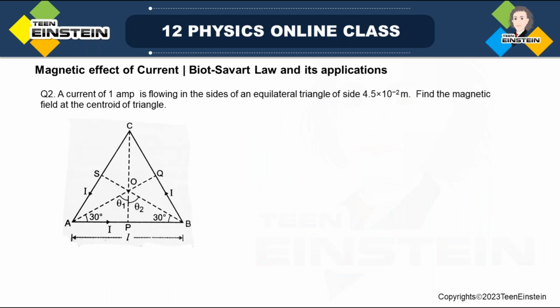Now we have to calculate the magnetic field for a current of 1 ampere flowing in the sides of an equilateral triangle.